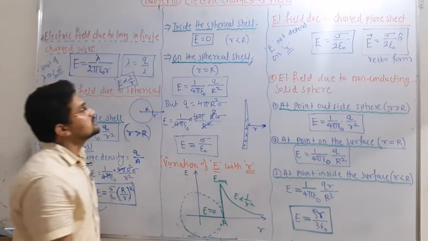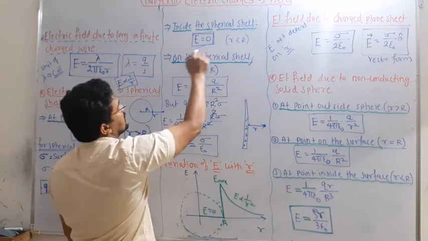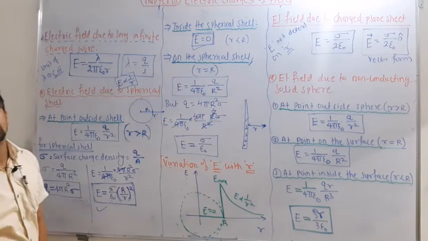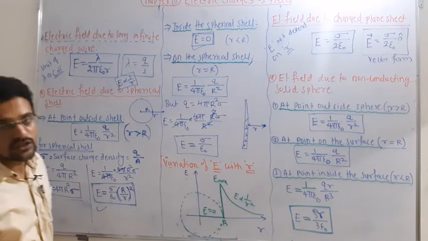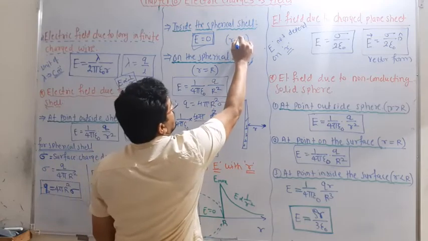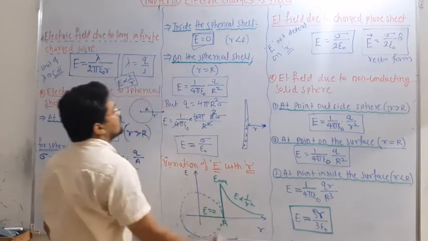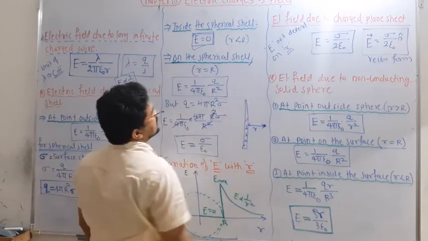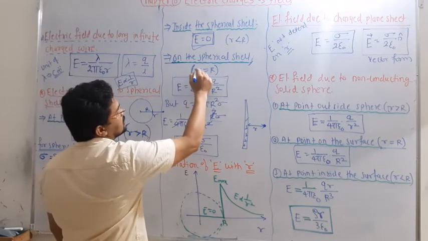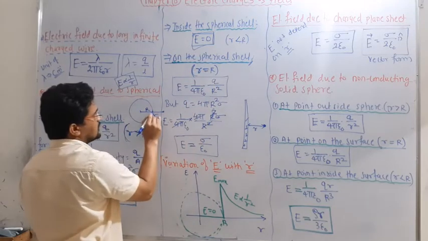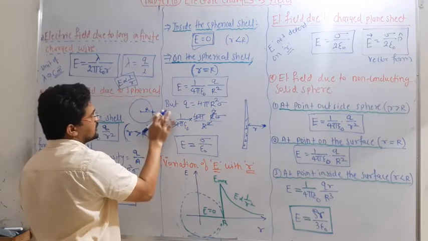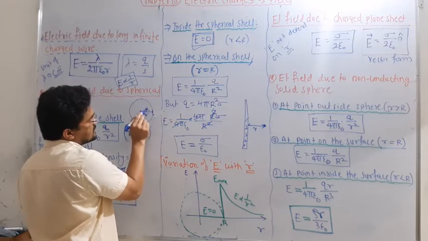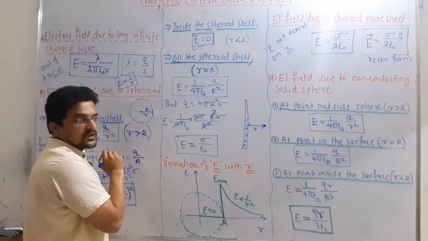Next, inside the spherical shell the electric field is 0. So remember, inside the spherical shell the electric field is 0, when r is very less than R. Next is on the spherical shell, meaning the point is on the shell, so r is exactly equal to R, the radius of the spherical shell.